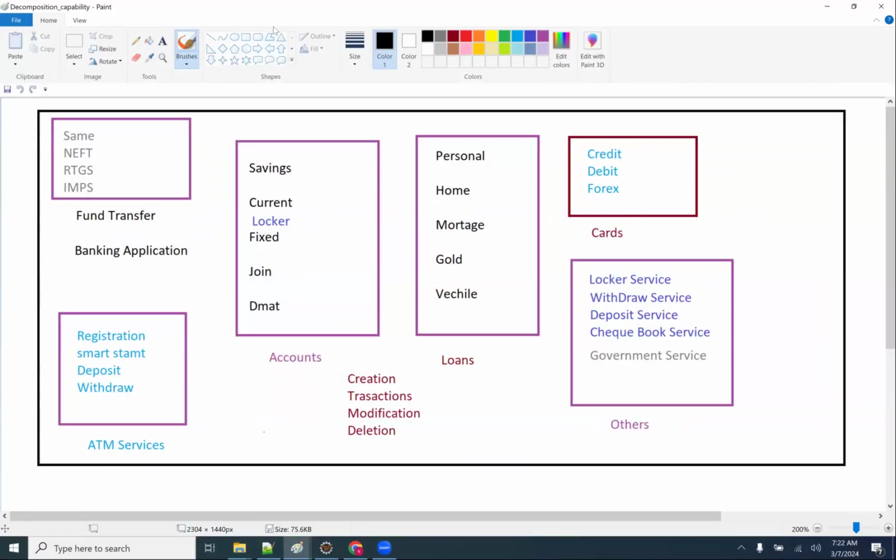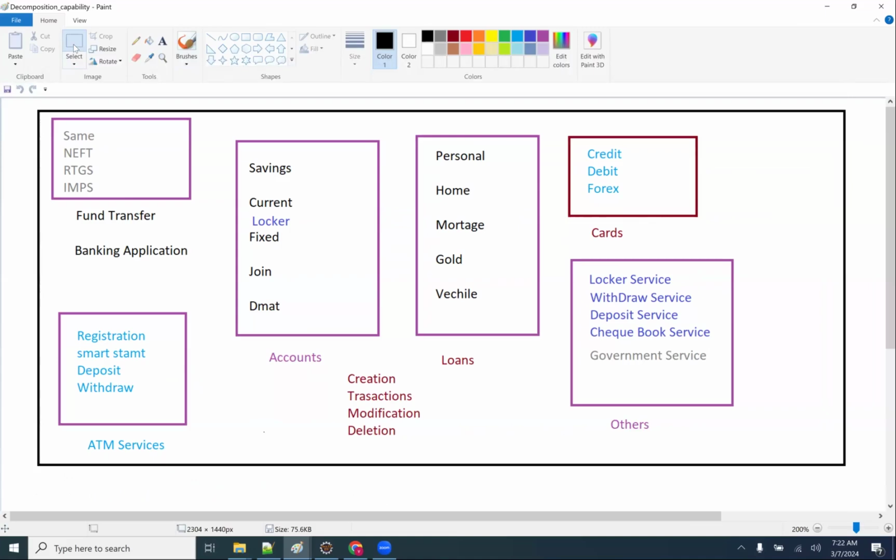How many microservices are we going to have? The first one, we'll take accounts.